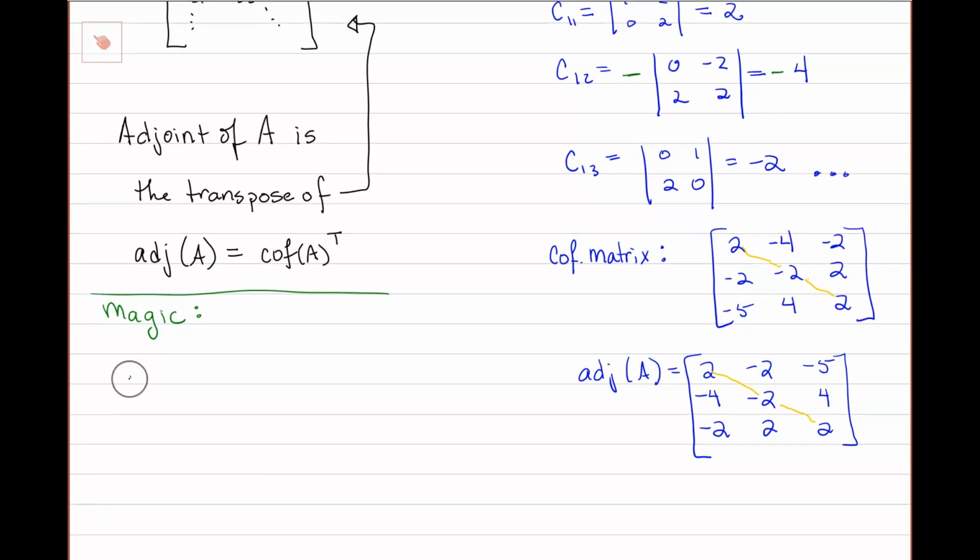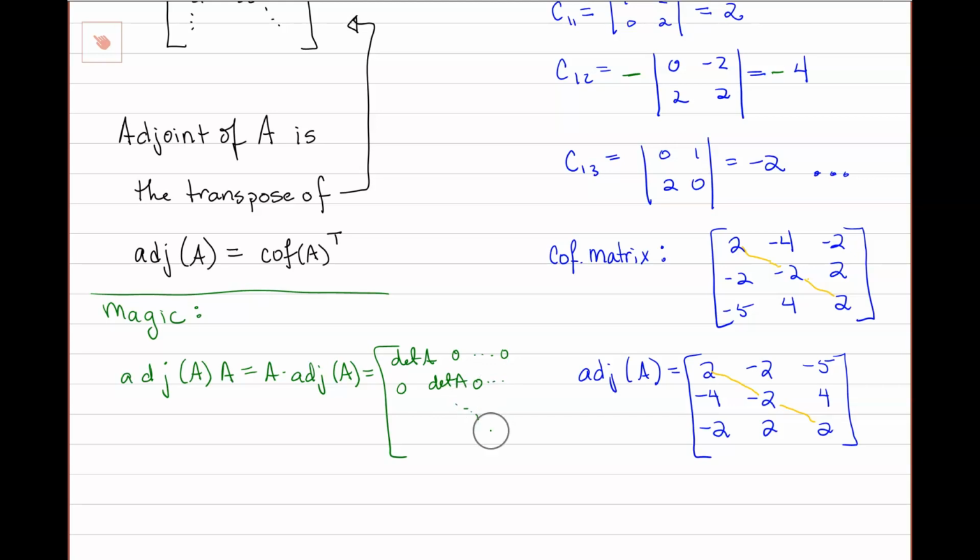So if I take the adjoint of a matrix and I multiply it by the matrix, or if I do it the other way around, if I do A times the adjoint of A, I'm going to get a matrix that looks like this. And so on, all the way down the diagonal. So whatever that value is, it's going to be along the diagonal, and everything else will be 0.